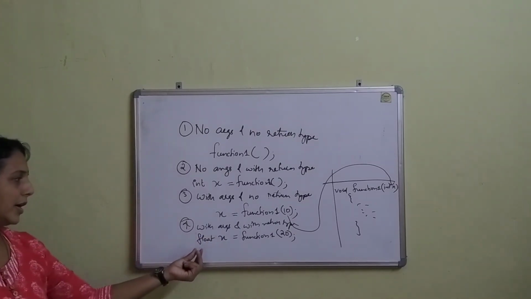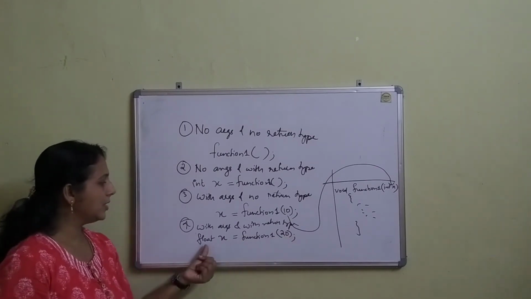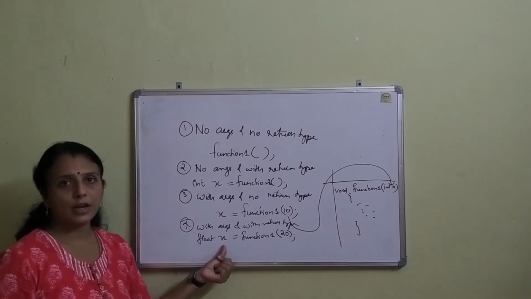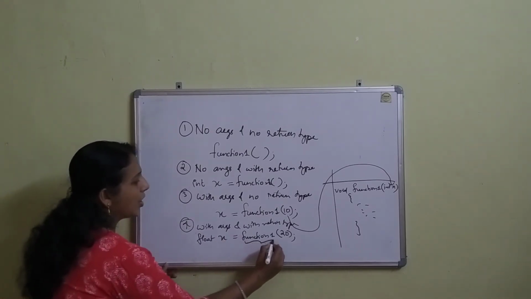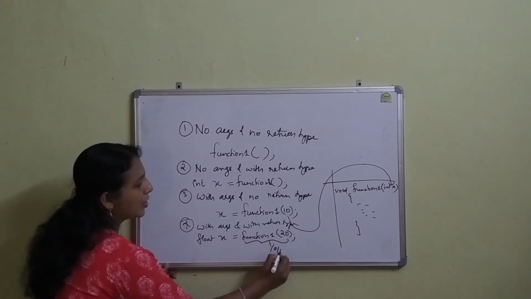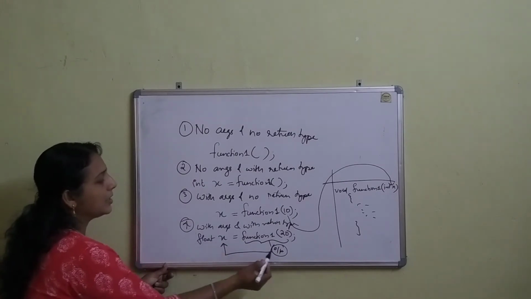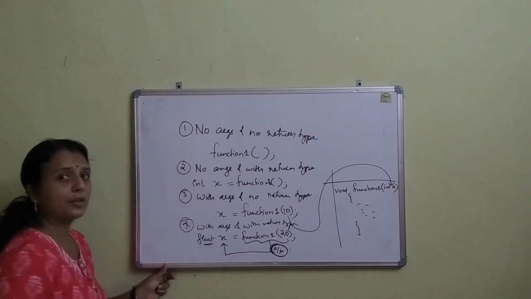So you are going to write it like this. This is the argument and this is the type of your return value. When this function completes its task, it is going to give you an output. This output is stored in this variable x, and this output is of a particular type, float. Because of that you have mentioned float.